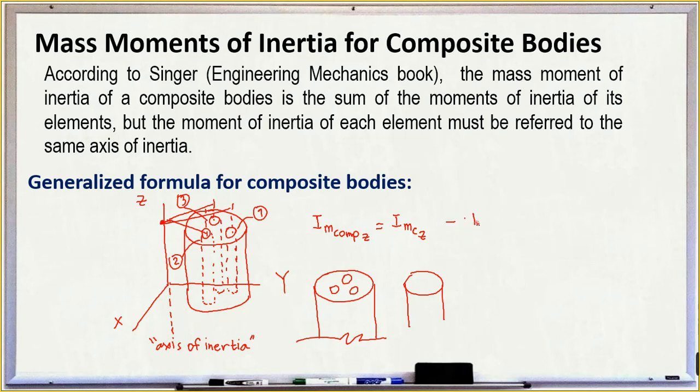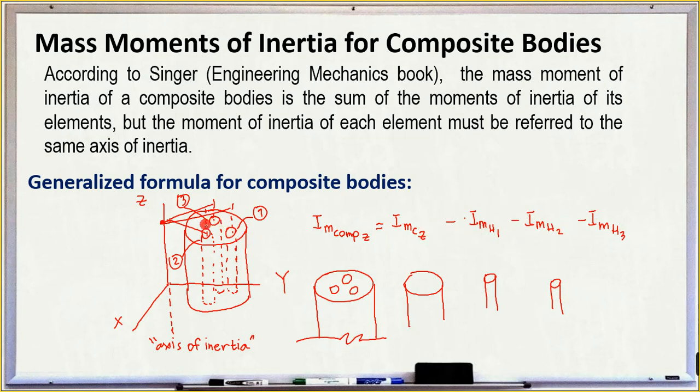Again, minus the moment of inertia of hole number 1. So this is the first hole. Minus the mass moment of inertia of hole number 2. So it is here. And then, minus again the mass moment of inertia of hole number 3. So, why do we use subtraction here?